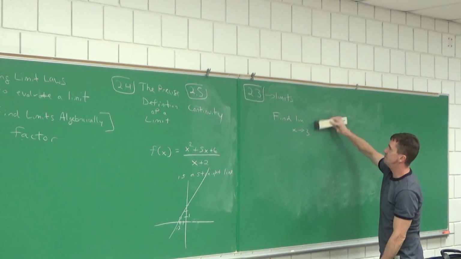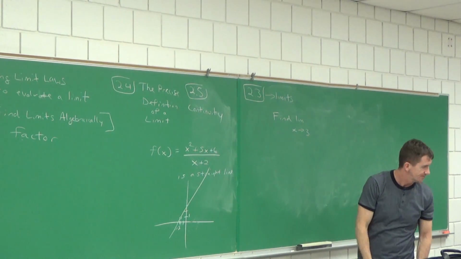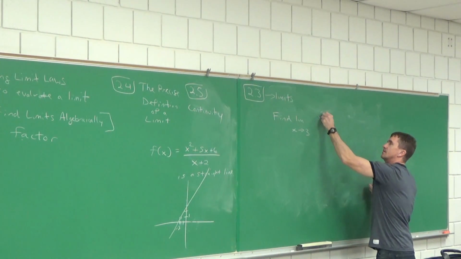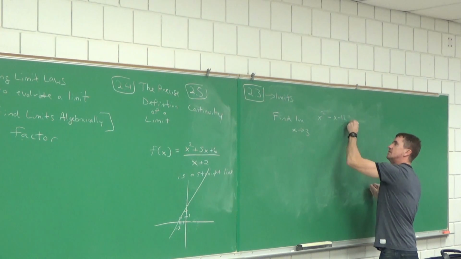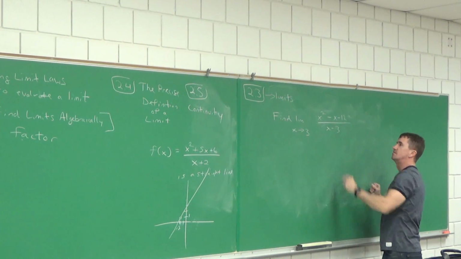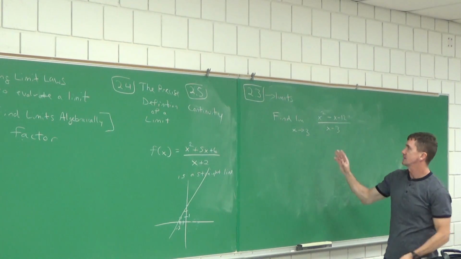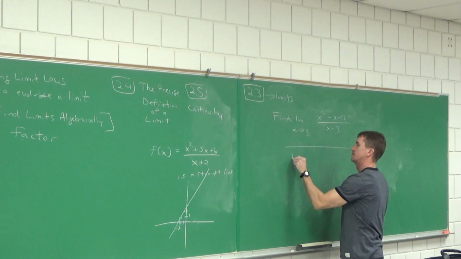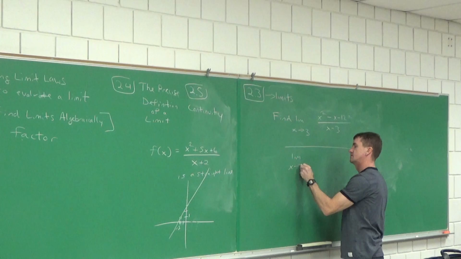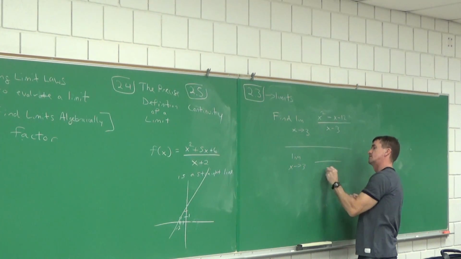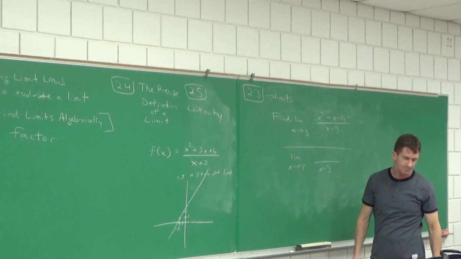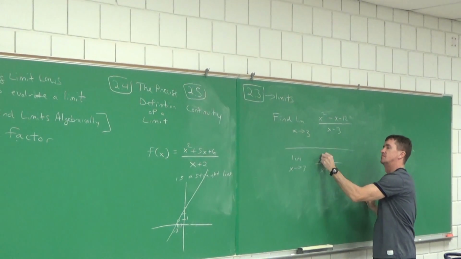Alright. Try this one. How about x squared minus x minus 12 over x minus 3. And after you do that one, try this. Minus 3. x squared plus x minus 12.